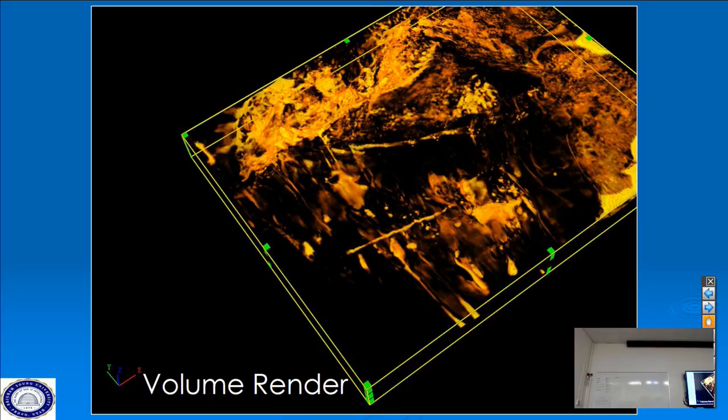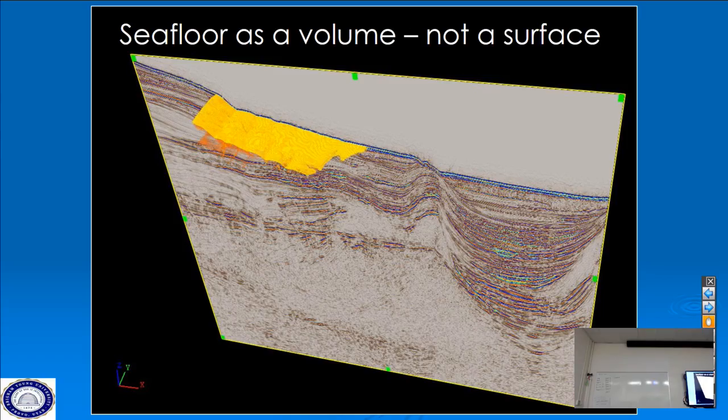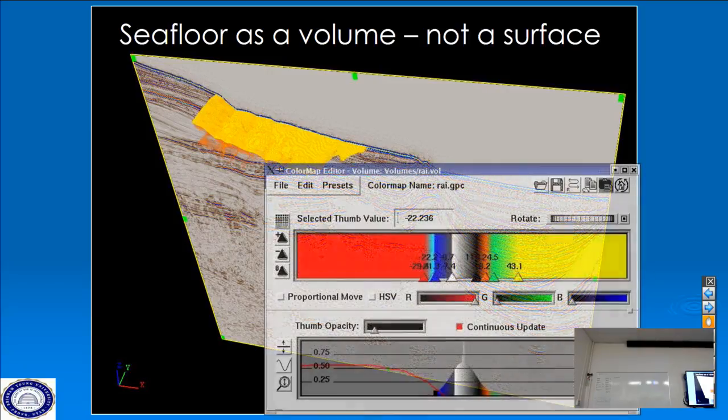Again, this is the same data set that we've been looking at. It's just a different way to look at it. And so what we do is we take, there we go.